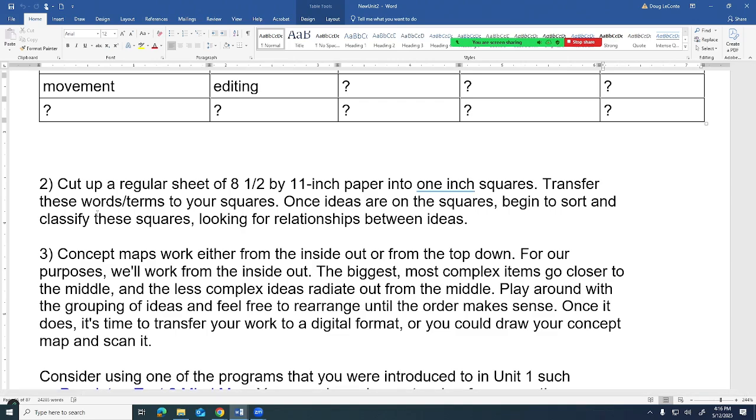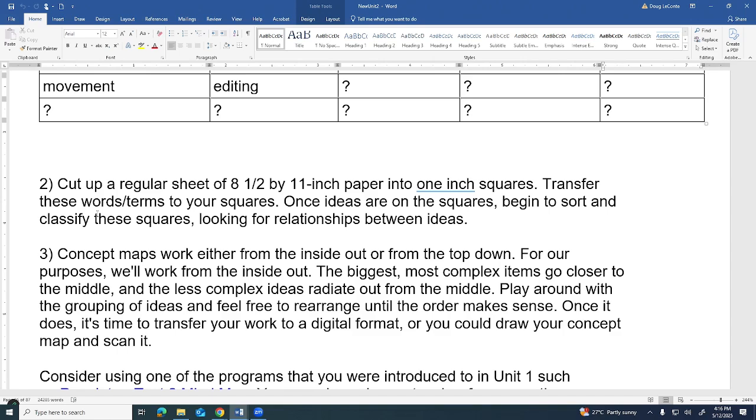Actually, it might be easier to transfer the words before you cut up the 1-inch squares. Especially if you're working on a word processor, you can type in the words easier now than after, when you'd have to write them in with a pencil or pen.